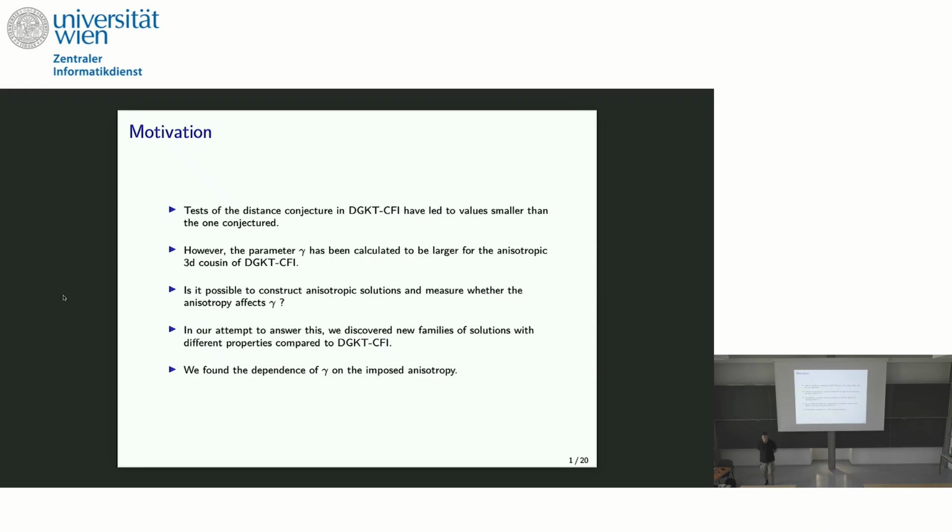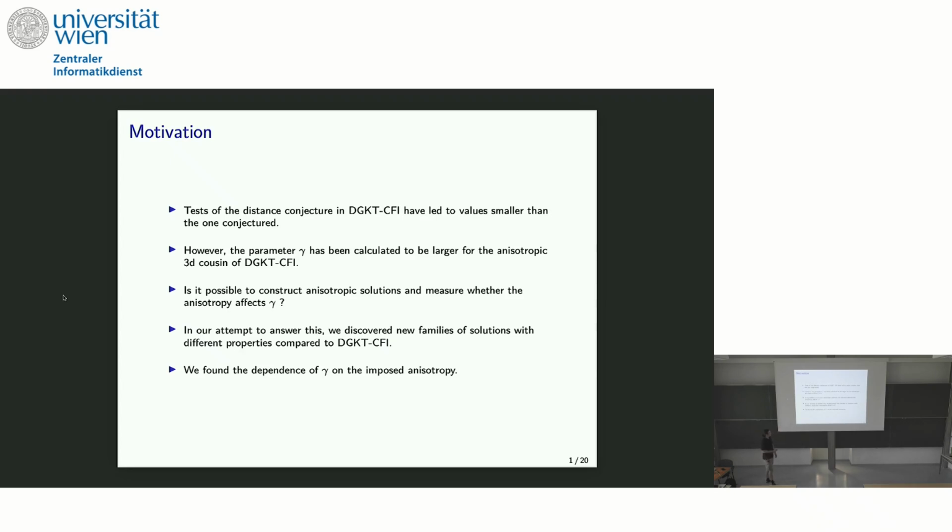During the last 1.5 years, people have been trying to test the distance conjecture on the DGKT CFI constructions. And what we observed was that the conjectured parameter gamma, which should be order 1, in these models was way smaller, like below 0.1.